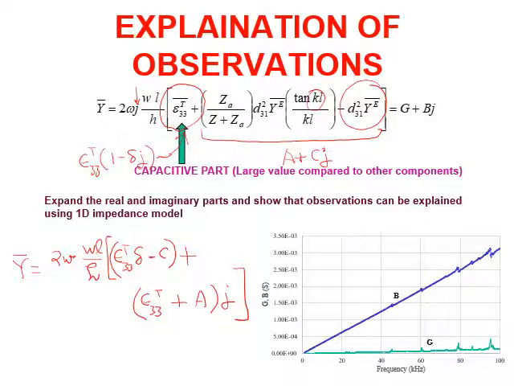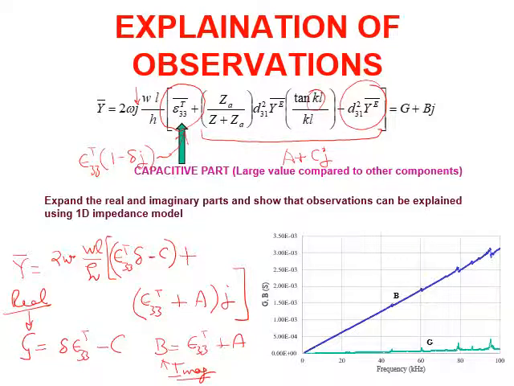What we find is that the real part G is basically delta times epsilon 33 T minus C, and the B component is epsilon 33 T plus A. So now we can see why the magnitude of G is so low compared to the other part B, and why the B part has a dominance of the capacitance. The reason is now very obvious: this is the real part and this is the imaginary part.